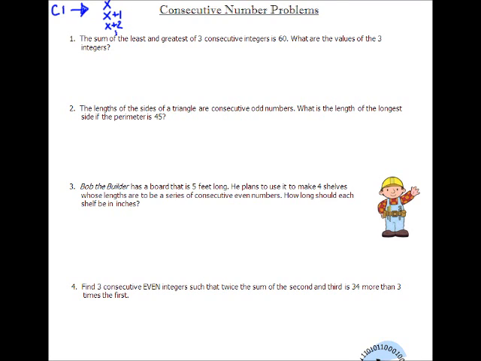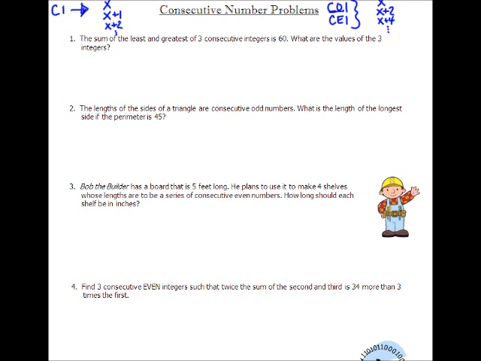If I have consecutive odd integer or consecutive even, they are both set up the same way, and that's x, x plus 2, x plus 4, x plus 6, dot, dot, dot. Okay? Even though these are odd integers that I'm talking about, they're still two numbers apart, so I would add 2, 4, 6, etc.